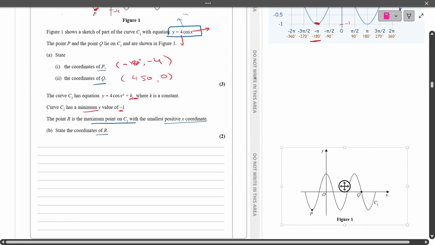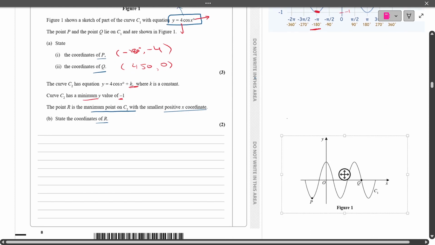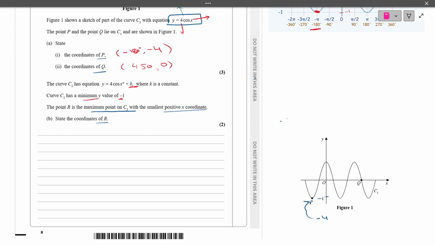So if I shift this graph, let's look at this figure here. Before, this graph was on -4. Now I'm shifting this graph and taking it to -1. From -4 to -1.